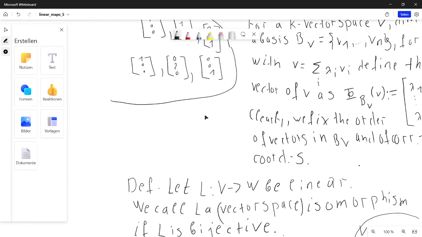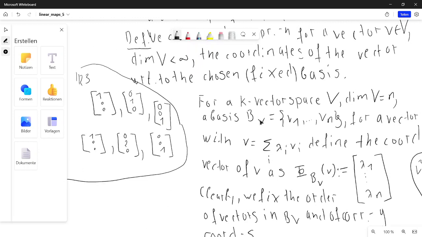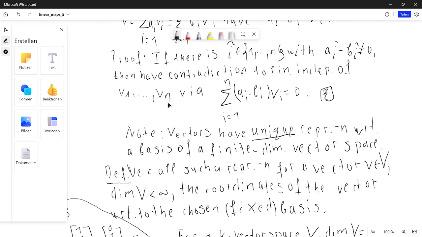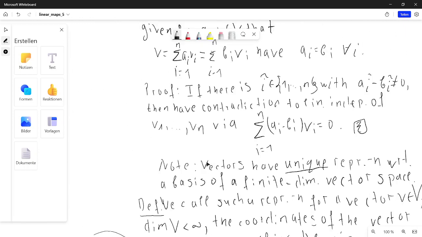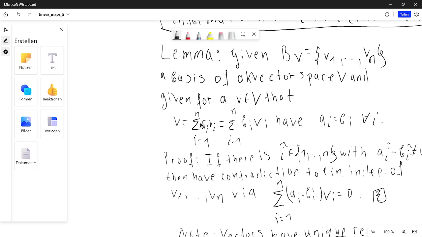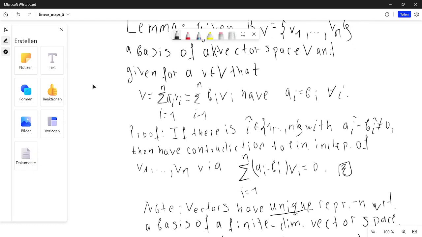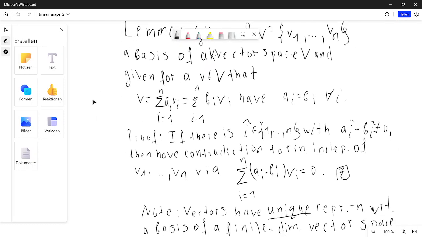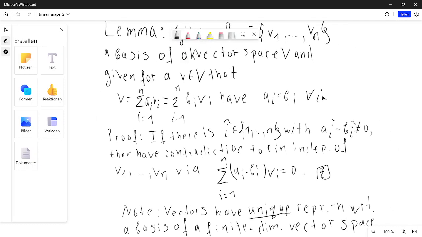You take this lemma and say, if the coordinates are not equal, then the vectors are already unequal.